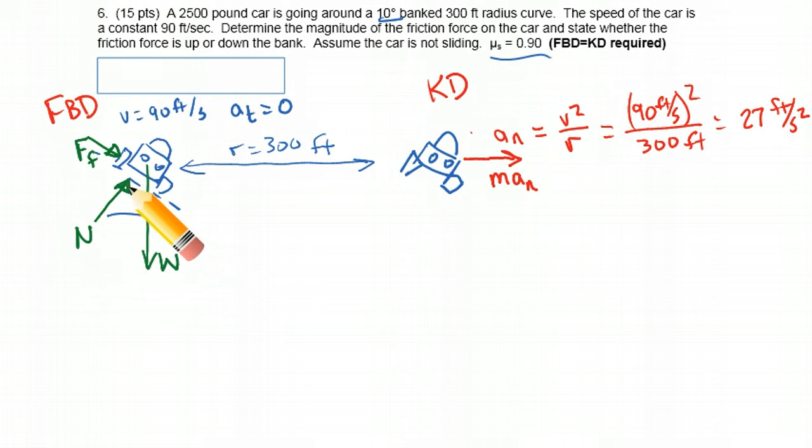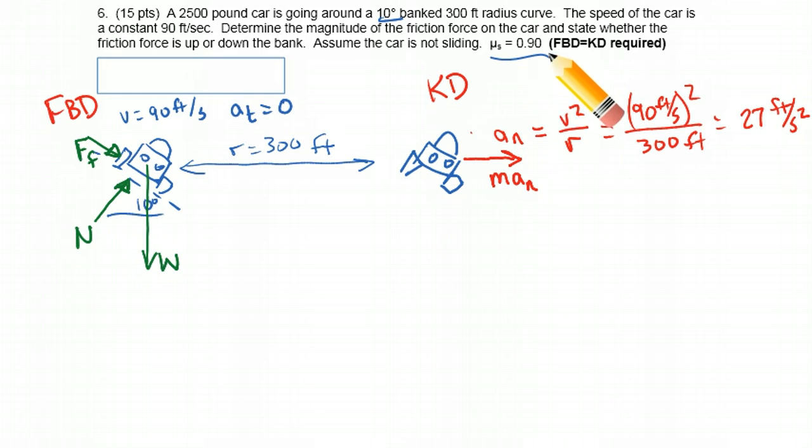We don't know the magnitude of N, and we don't know the magnitude of the force of friction. We cannot use mu sub s right here because we don't know that we're at impending motion.